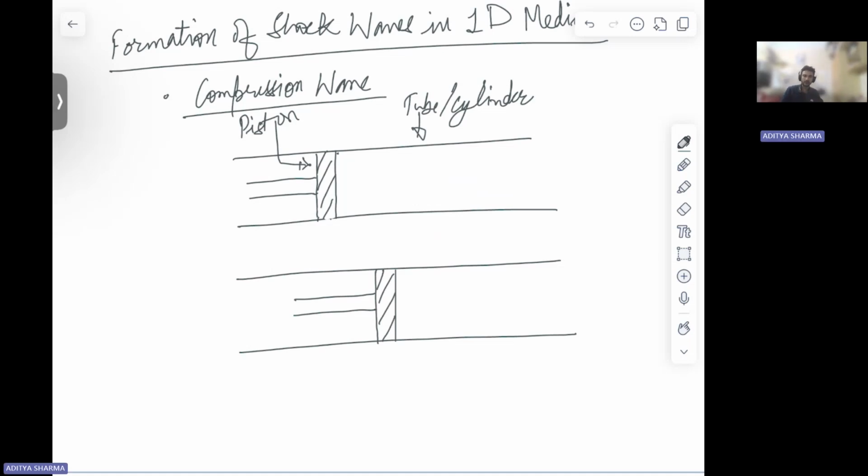A pressure wave will propagate in the medium. Let's say we have some medium here, air we can take. So this compression wave will move in this medium.